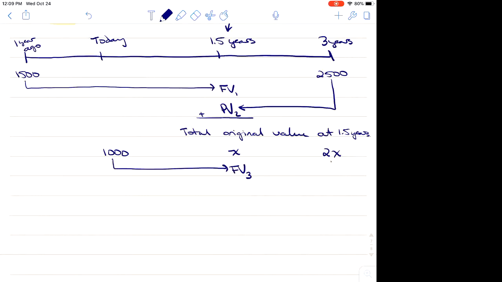And then this 2X becomes some present value 4.